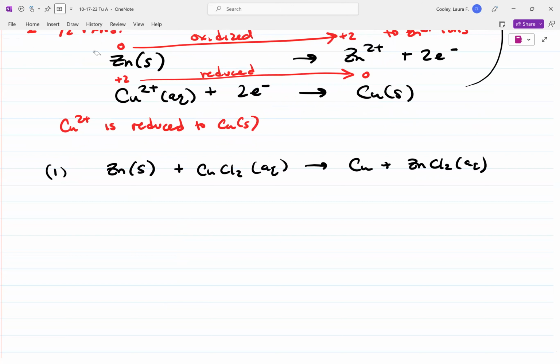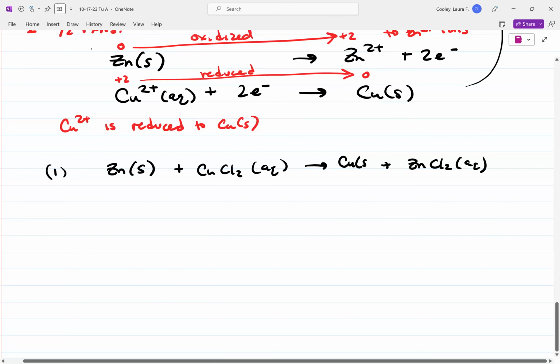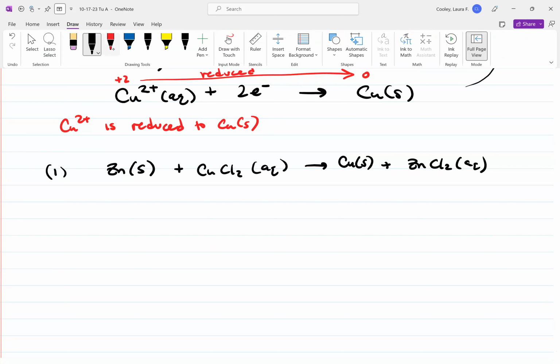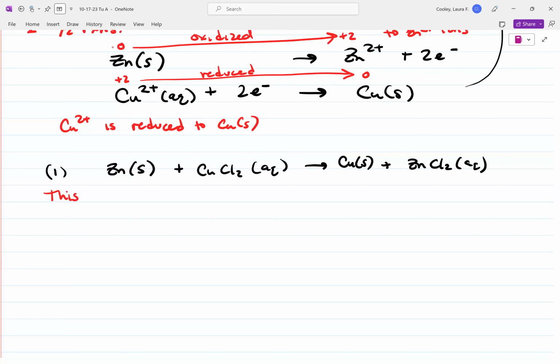So this reaction occurs very readily. What I mean by that is if I take some zinc and plunk it into copper chloride, right away you'll see some solid copper particles being formed, and you will see the blue-green color of this eventually disappear. So this reaction happens right away on its own.